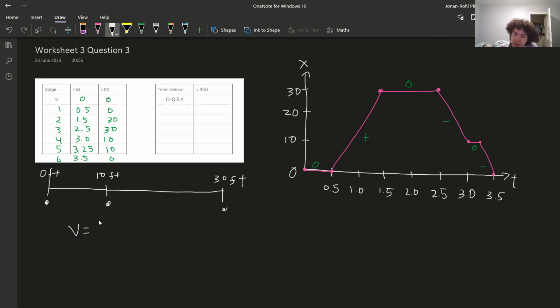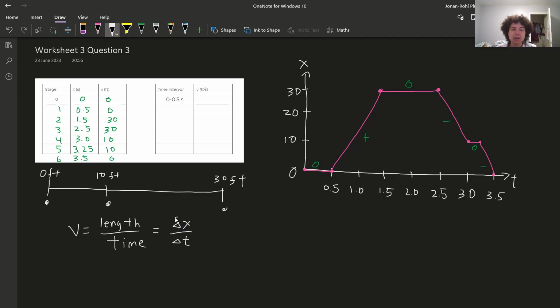Now note, the units of velocity is length over time. It's how much distance you travel over a period of time, like how far you go. So what we can put in is a length, and we'll call that your displacement. And we'll put in a time interval, and we'll call that delta t.